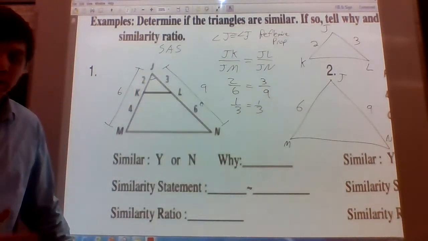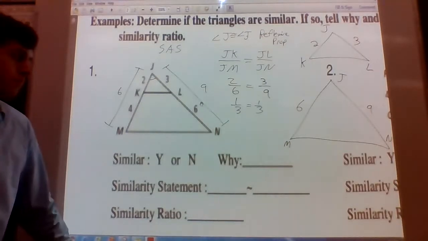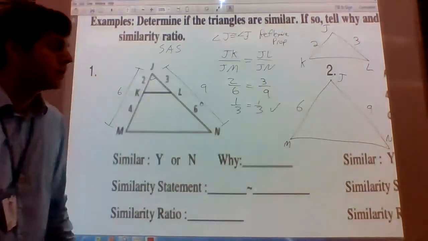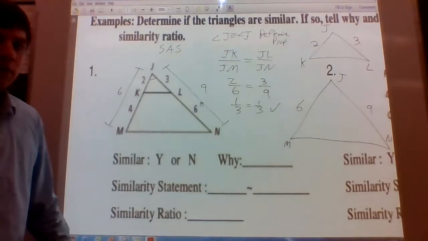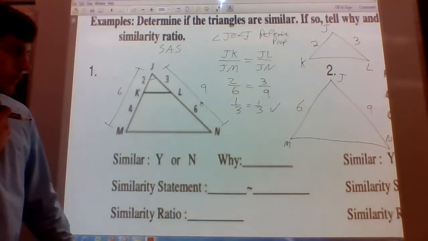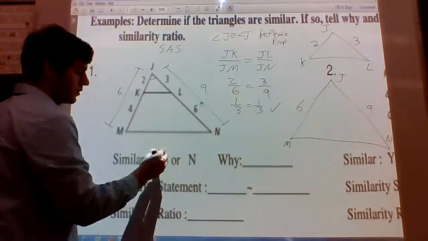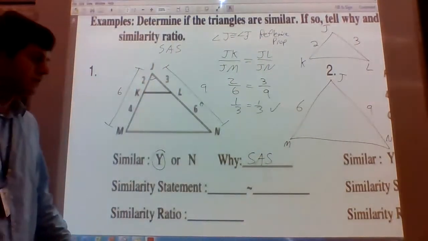Put it in your calculator and you get 0.3 repeating for both. They equal each other, that's the point. Since the ratios are equal, the sides are proportional. The included angles are congruent. So yes, they're similar by side, angle, side.